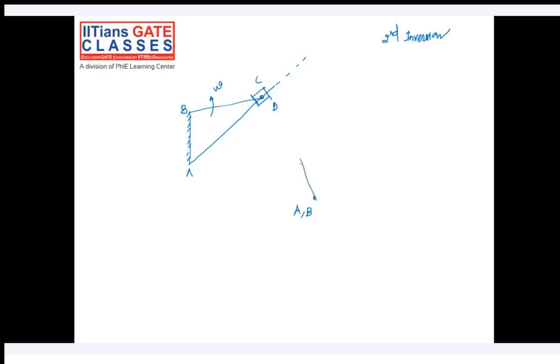Let's say this is point C. Then the velocity of AD will be perpendicular to this, like this. So on this line somewhere it will be.